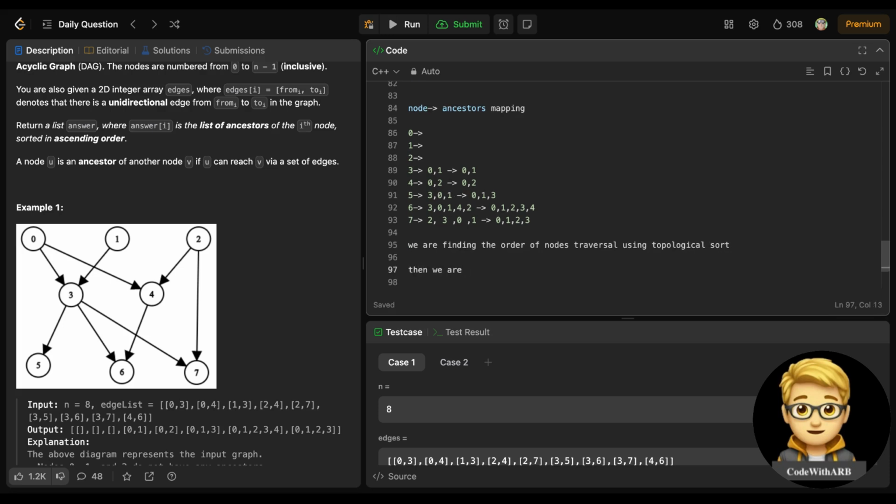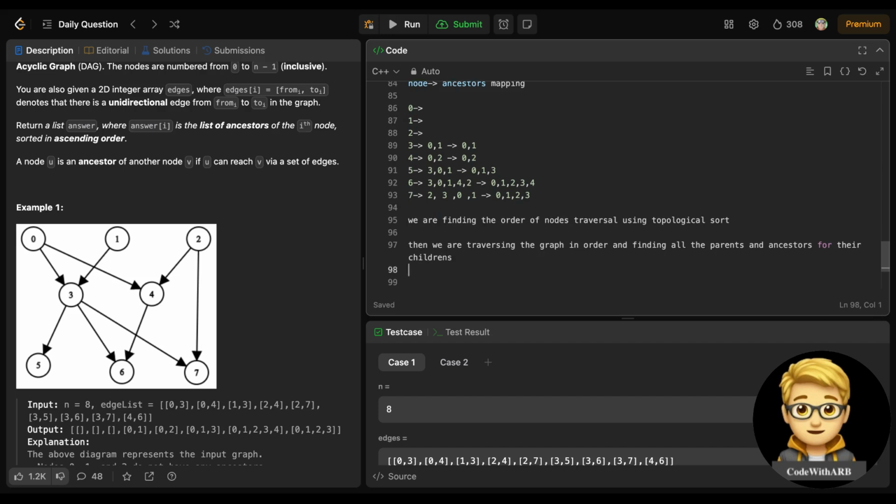Then we are traversing the graph in that order and finding all the parents and ancestors of their children.